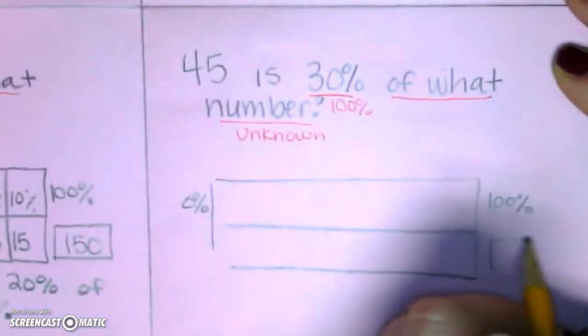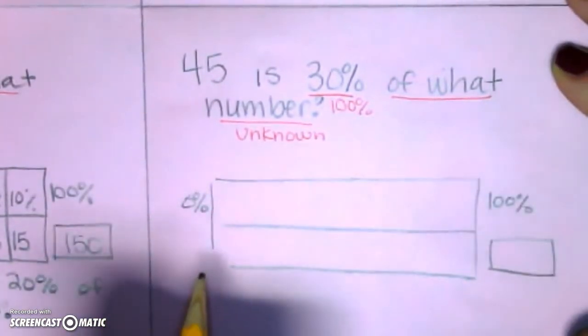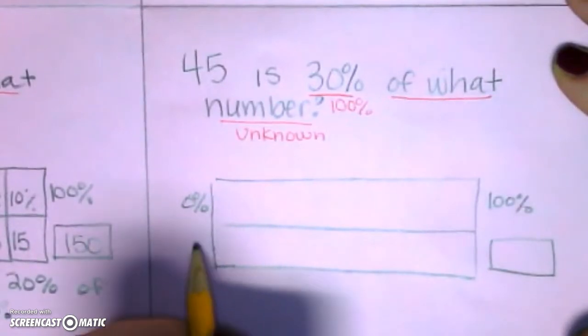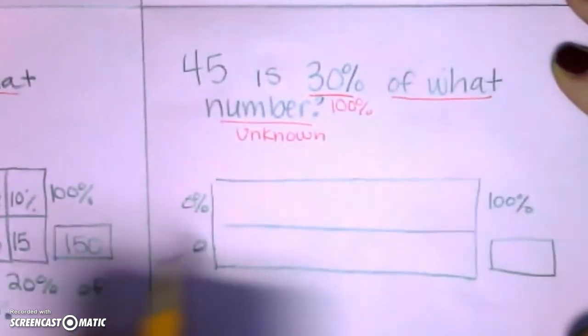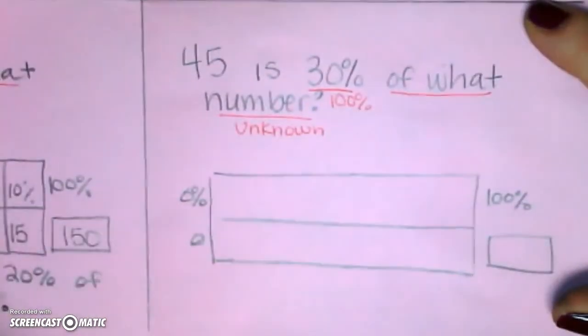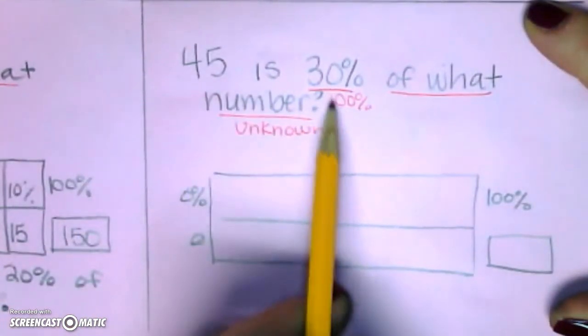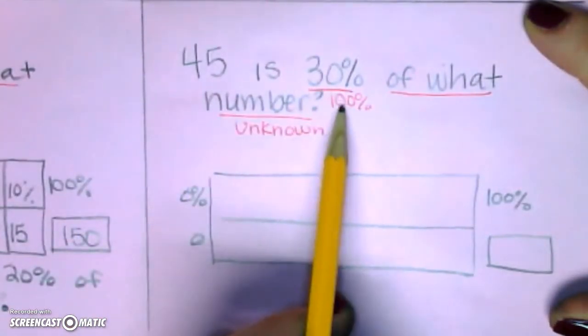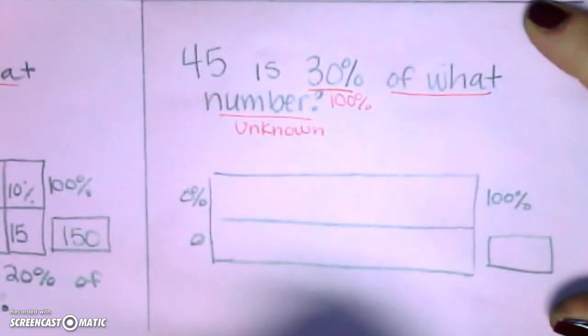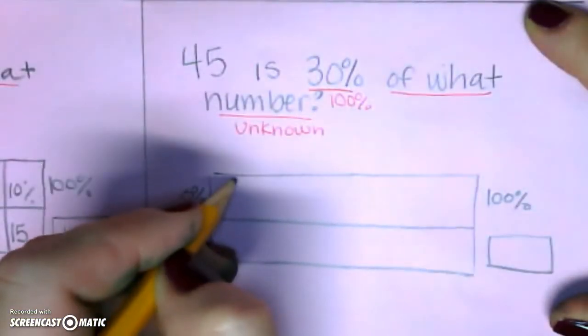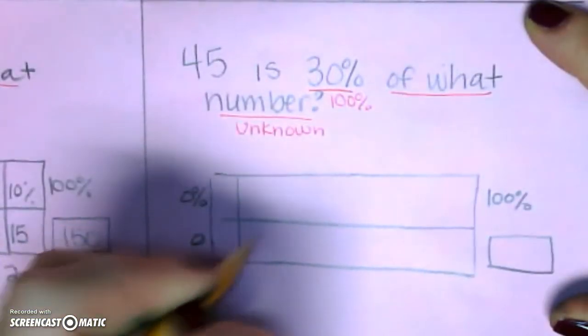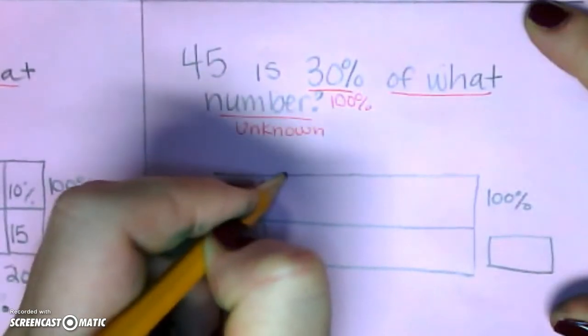The bottom portion represents my number, and I don't know my whole, but I do know that 0% of any number will always equal 0. Well, I need to cut this into pieces where I'm going to land exactly at 30 and exactly at 100. And I know that I'm going to need to cut into pieces that are each worth 10%.